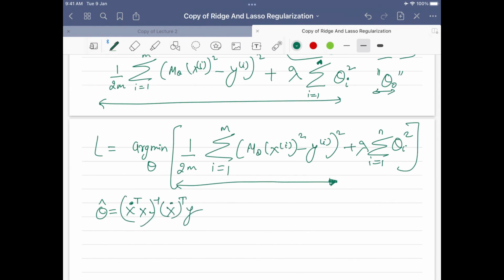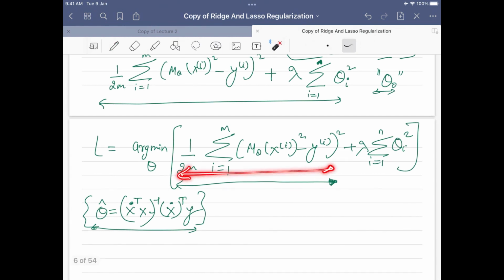We derived this expression for the estimate of theta if this is the only cost function you have. But if you have this particular cost function, then the value of theta will also be different, because your cost function is different now.